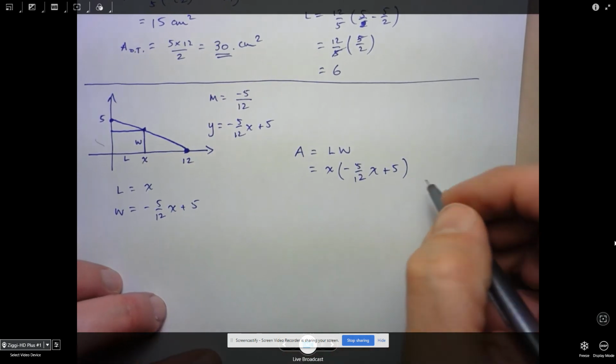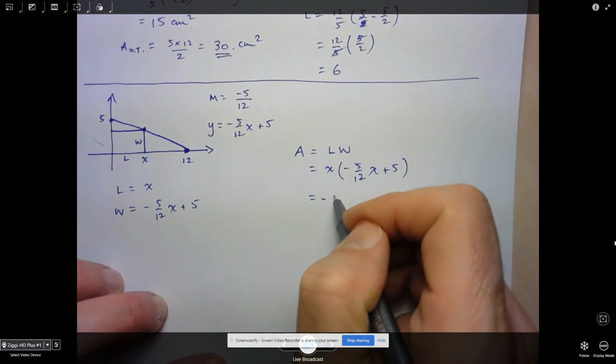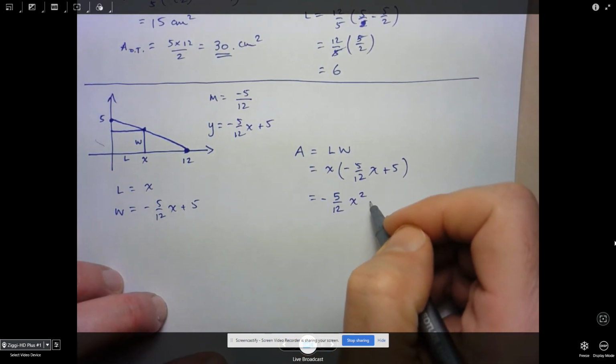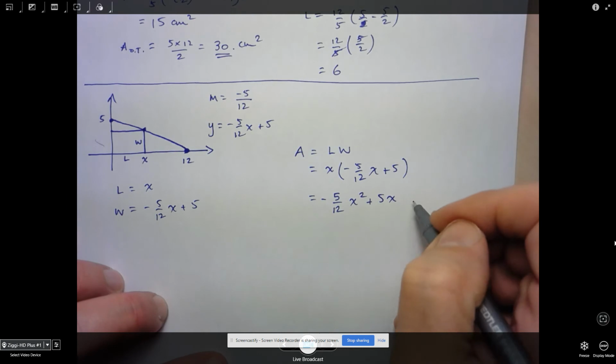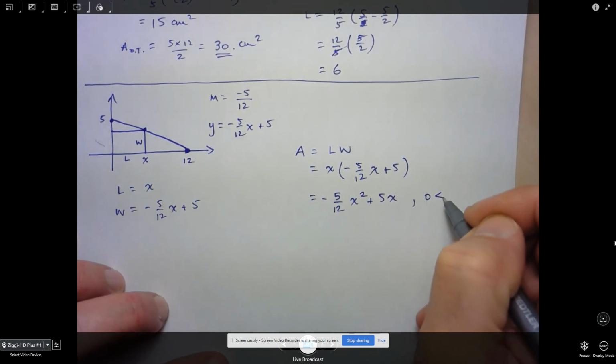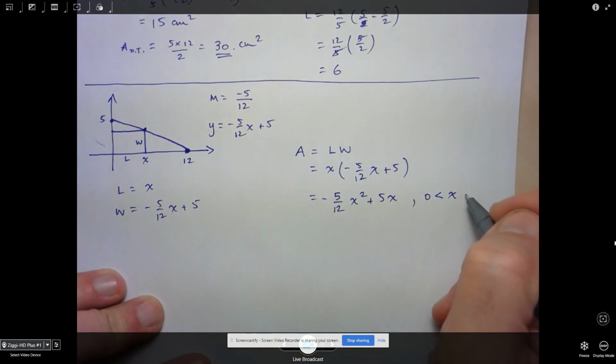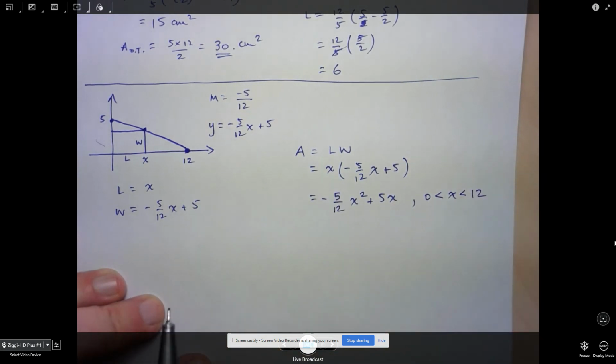Okay, but it's just as easy a problem because this is again a quadratic function with a negative leading coefficient. Here now my domain, well, x has to be greater than 0, and clearly x can't be greater than 12. So there we go.